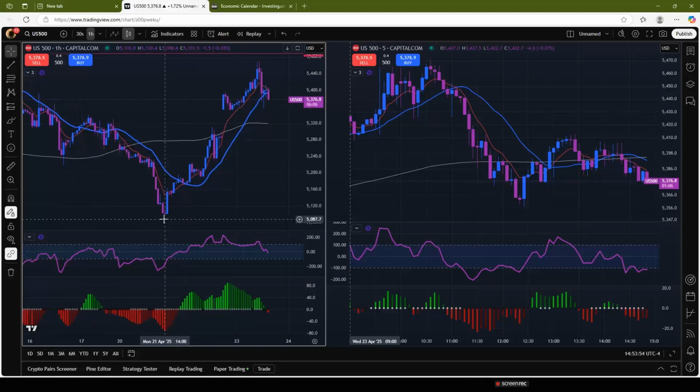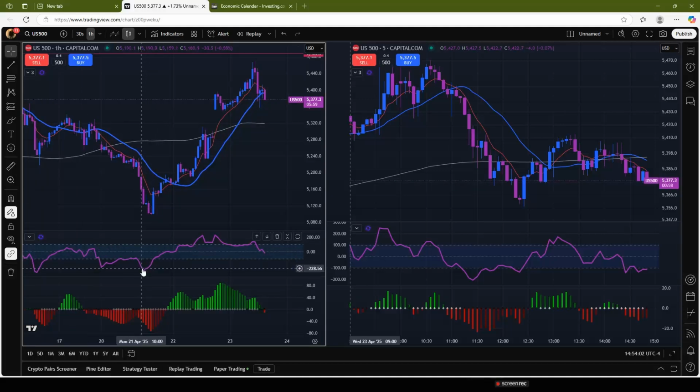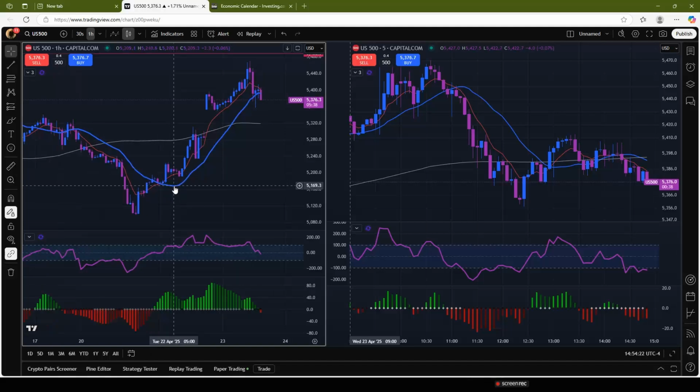So whenever we see the bright red, we know that there is a strong selling pressure to the downside. However, when we continue on, the market paused, or it changed direction, and the CCI shows in this area that, okay, there's a strong probability that there's going to be a change in direction. And sure enough, it traded back up into the 8 period EMA and back into the 20 period moving average.